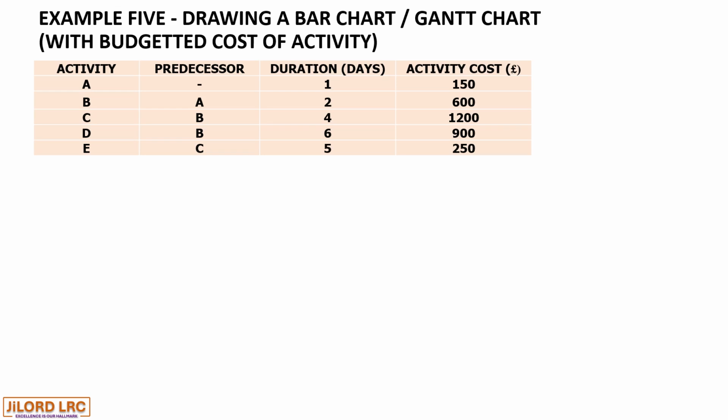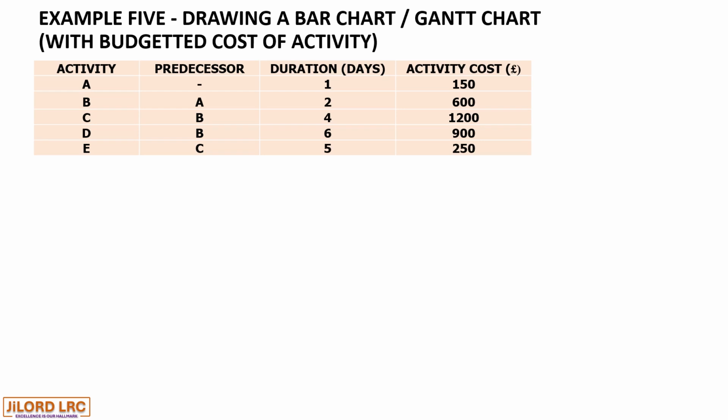Activity D, with a predecessor B, has a 6 days duration with activity cost of £900. This also implies that each day has an activity cost of £150, and cumulatively at the end of the duration of 6 days gives us £900.